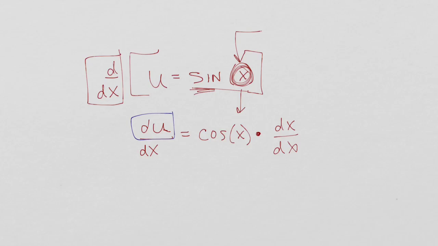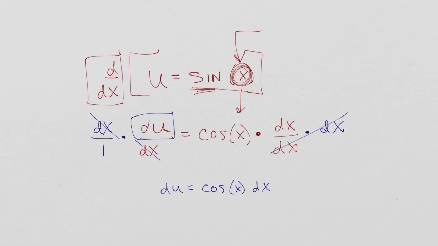So I'm going to try to get rid of this dx term by multiplying both sides by dx over 1. And I'm treating these just like variables now, so these guys cancel each other out. And then if I come over here and I multiply all this by dx as well, those guys cancel each other out, and I'm left with du is equal to the cosine of x dx.